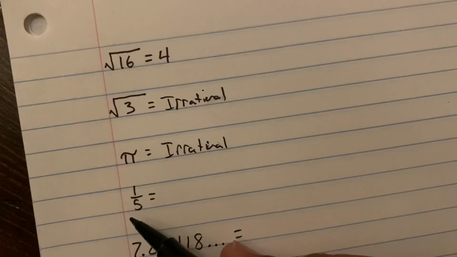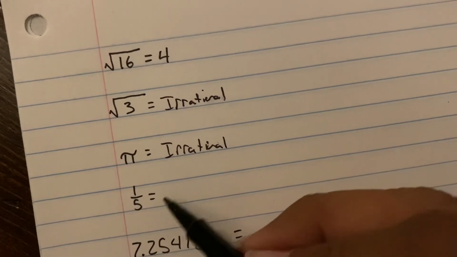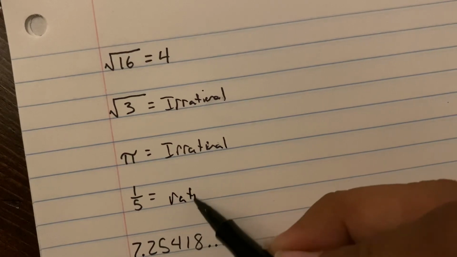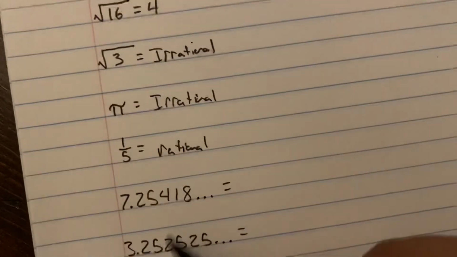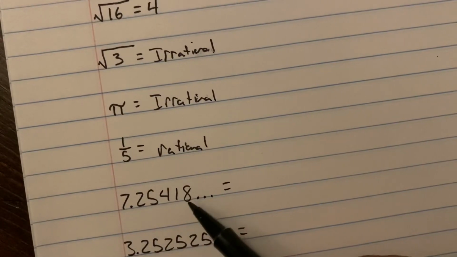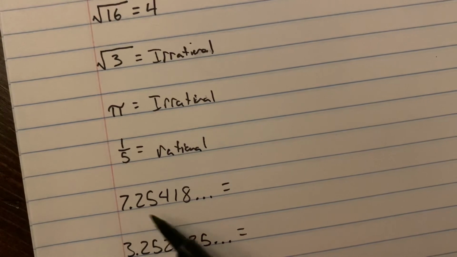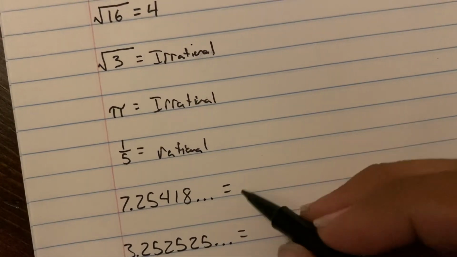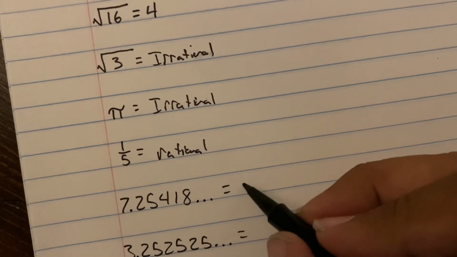This is a fraction. The definition of a rational number is a number that can be made into a fraction. So this is rational because it can totally be made into a fraction because it is a fraction. This number, 7.25418, and now you can notice that there's no repeating. So this probably goes on forever and never repeats, which means we're assuming, because we don't know what the rest of the digits look like, that this is irrational.